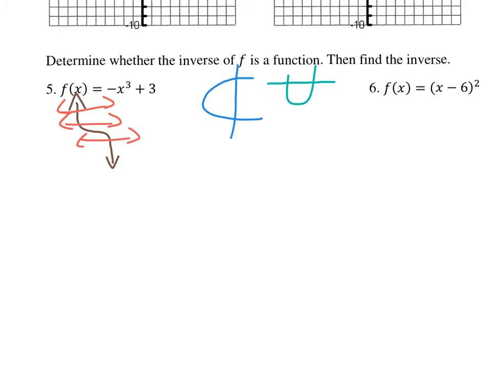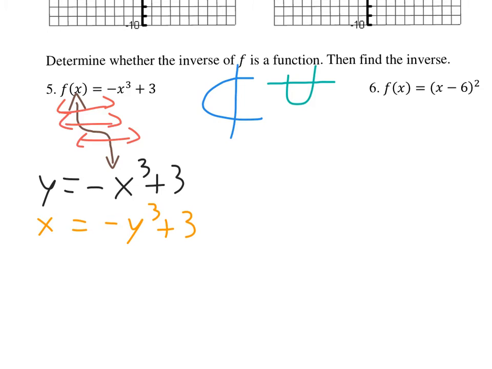So our first step, we have our equation of y is equal to negative x cubed plus 3. First order of business, we're going to switch our x and our y. So x is equal to negative y cubed plus 3.